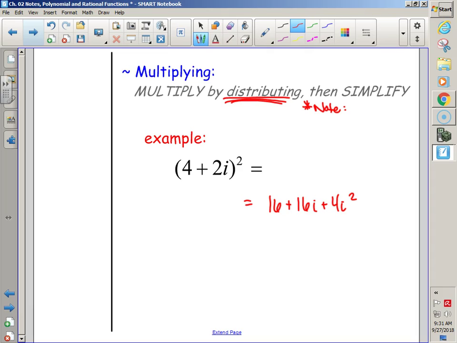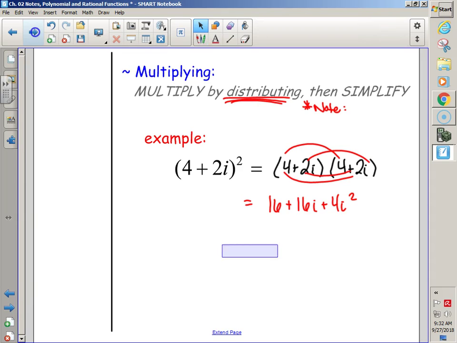Who mental mathed that or could mental math that? Okay. If not, no stress. Write it out. You know what it is. It's 4 plus 2i times 4 plus 2i. No stress. Do your first, outer, inner, last. And you would just have two in-between steps, technically.